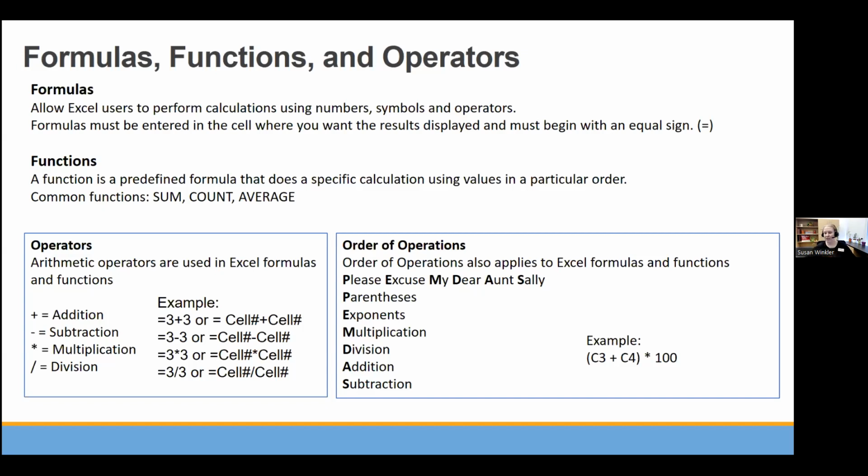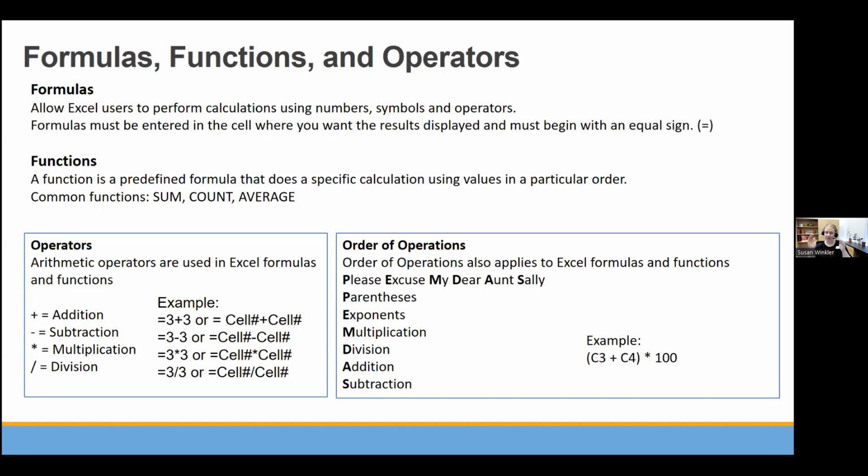So in our example here, where we have cell C3 plus cell C4, then multiplied by 100, because the addition operator is in the parentheses, that means in this case you would do the addition first.